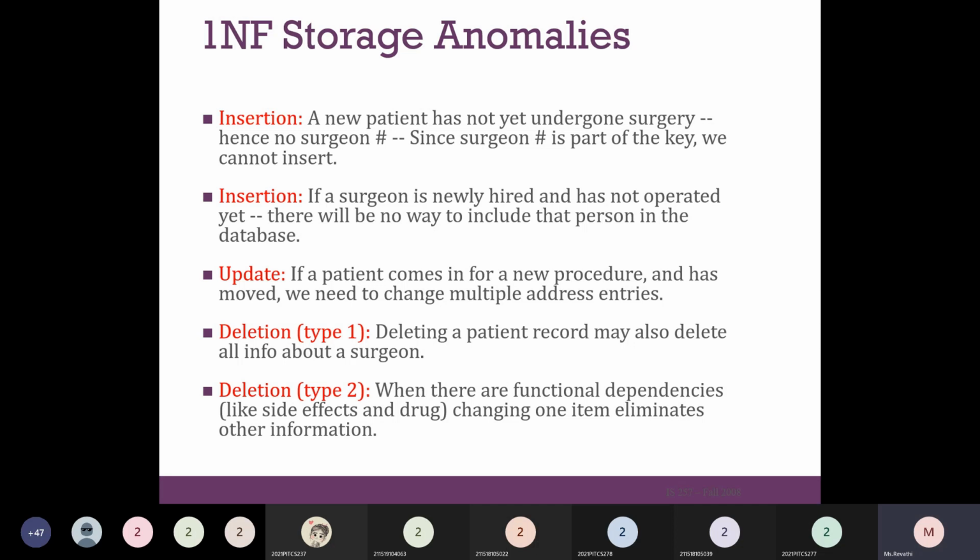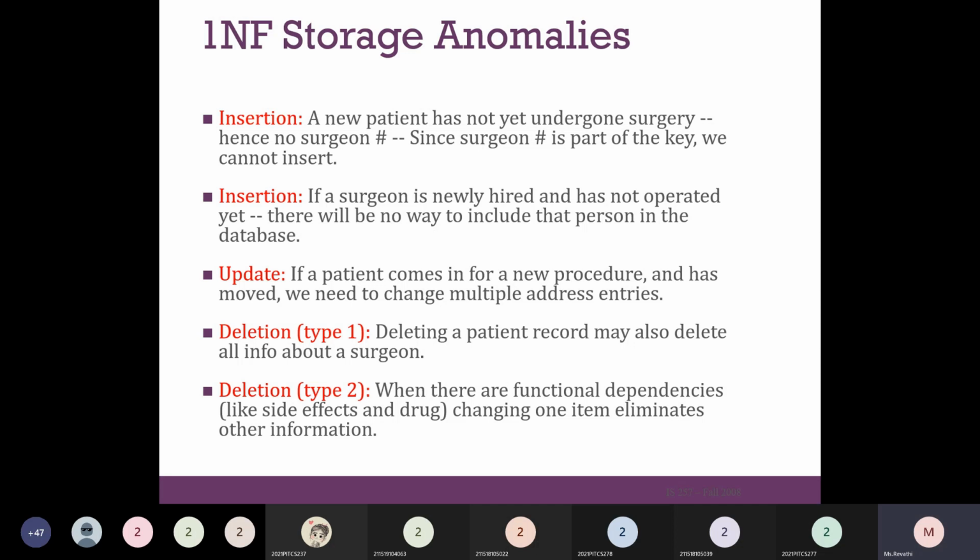This is the anomaly concerning the update operation. And with respect to deletion, we cannot delete a patient, because deleting the information of the patient also removes the information about the surgeon, since there exists a functional dependency.